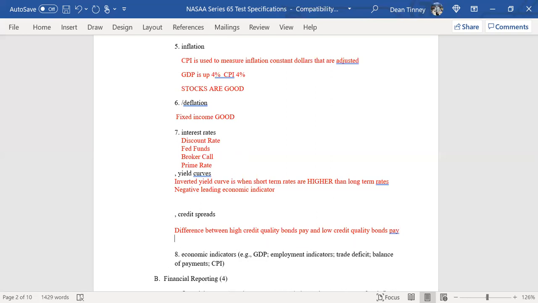Lord John Maynard Keynes said money is like a giant floating crap game. It's going from one place to another. And so you want to track this.